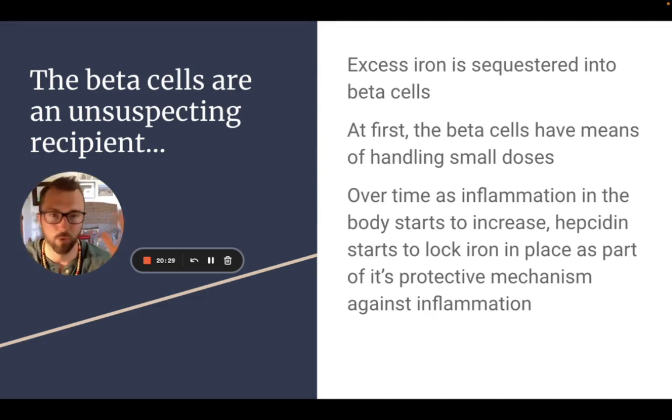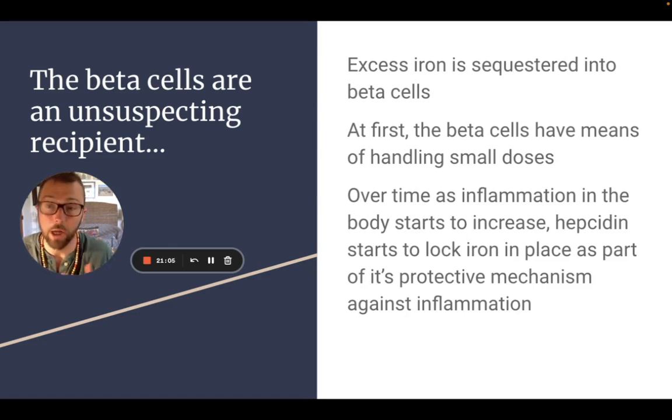And at first, right, the beta cells have some means of handling small doses, right? Transient. It's just a minor mechanism to make sure that that iron is held onto before it can be released as that inflammation is taken care of. But when you think of all the things that are causing inflammation in our body, the excess iron in and of itself, as well as the other pro-oxidant aspects of the things that we're eating, hepcidin starts to lock iron in place as part of its protective mechanism against inflammation.